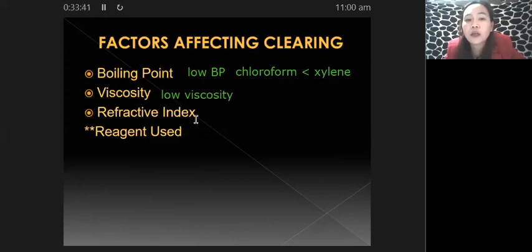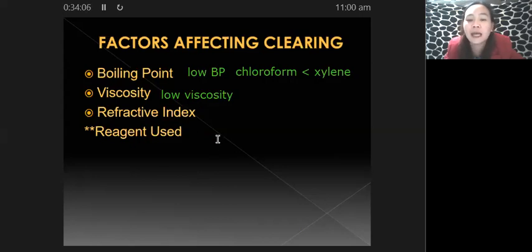Actually, your refractive index will not have a bearing on the rate of infiltration or the rate of clearing. However, it will affect the quality of your tissue sections.